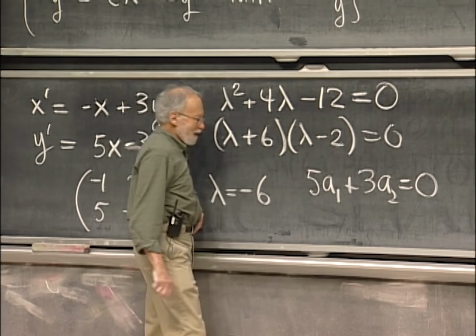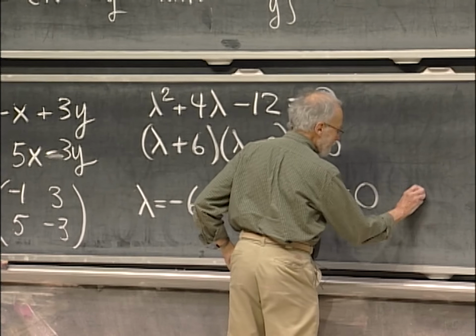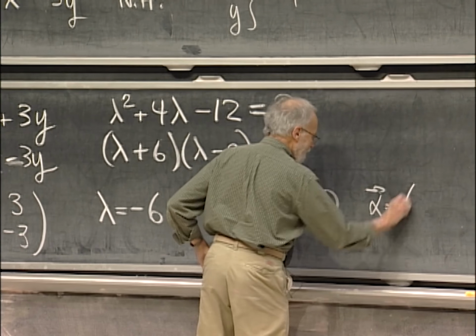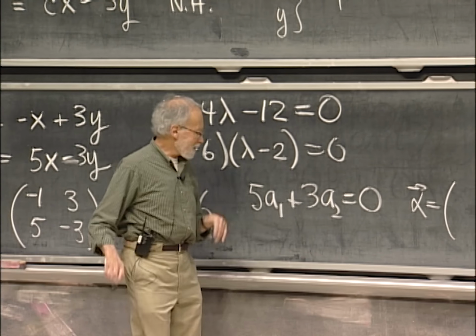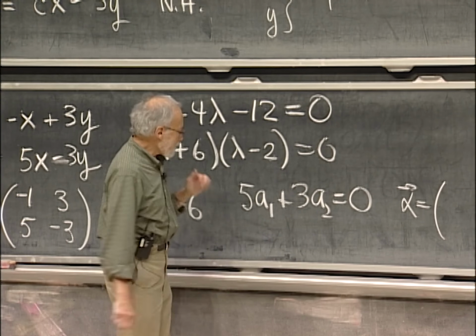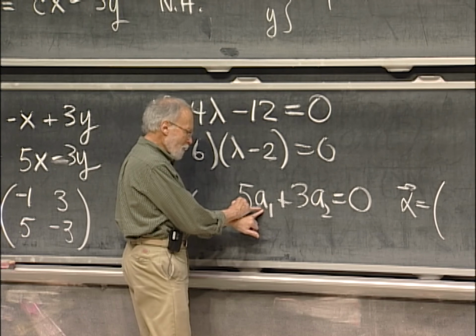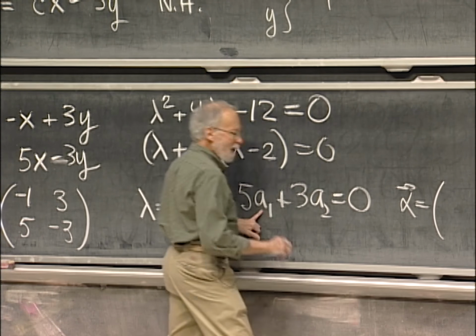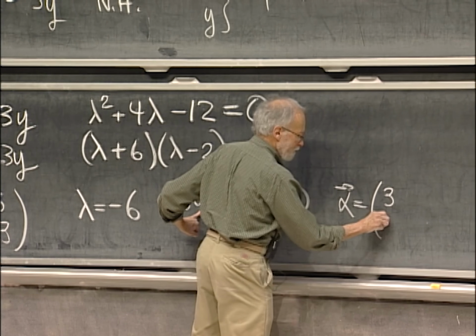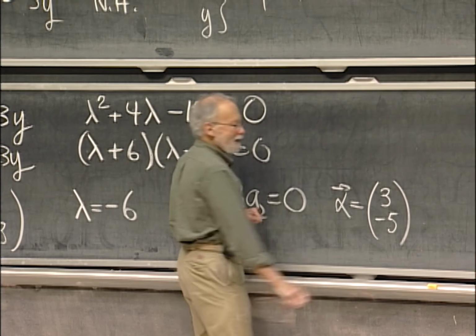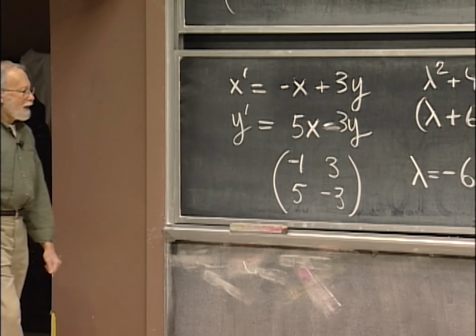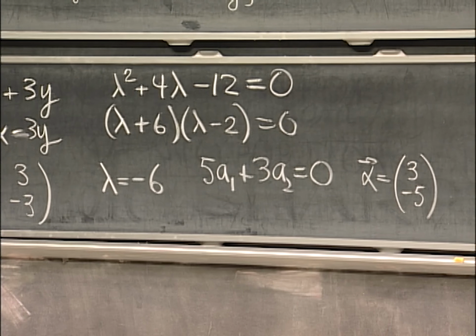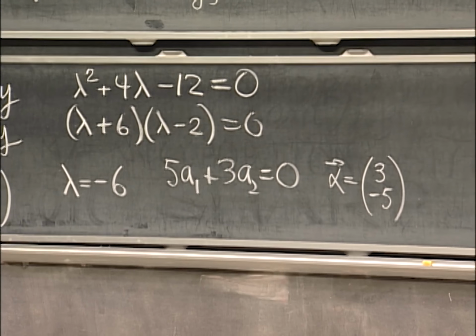I'm hoping this is right. Now you've been taught to always make one of them 1. Forget about that. Just pick numbers which make it come out right. So I'm going to make this one 3, and then I'll make this one -5. As I say, I have a policy of integers only. I'm a number theorist at heart. That's how I started out life anyway.